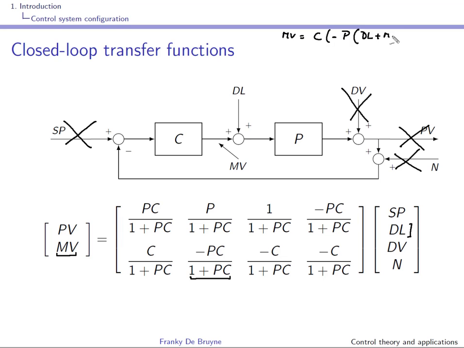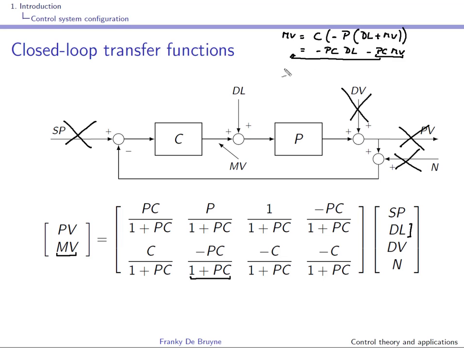plus MV, right? So this we can rewrite differently. We can say that it is minus PC. We are working with systems that are single input, single output, so we can change the order of P and C. So it's minus PC acting on DL, minus PC acting on MV. I take this one to the other side, right?